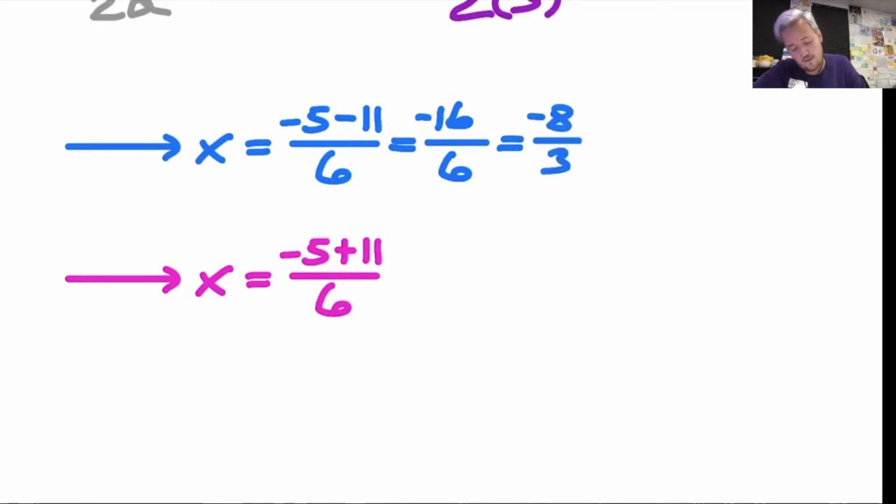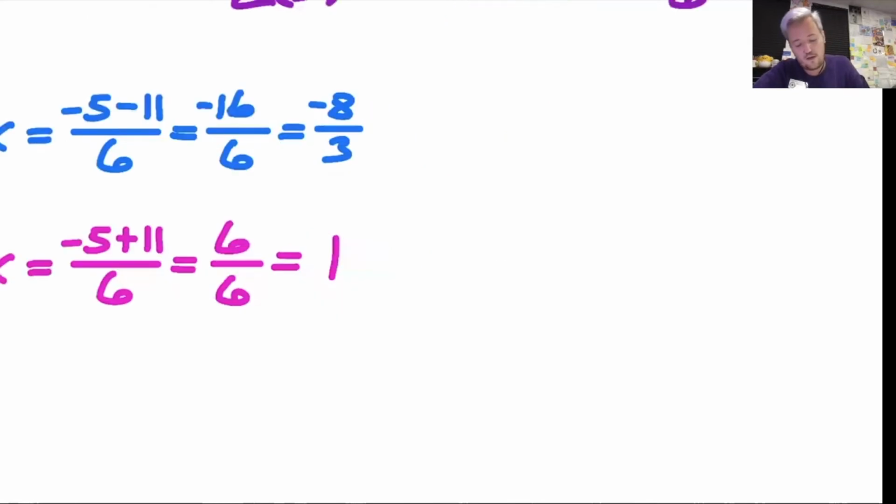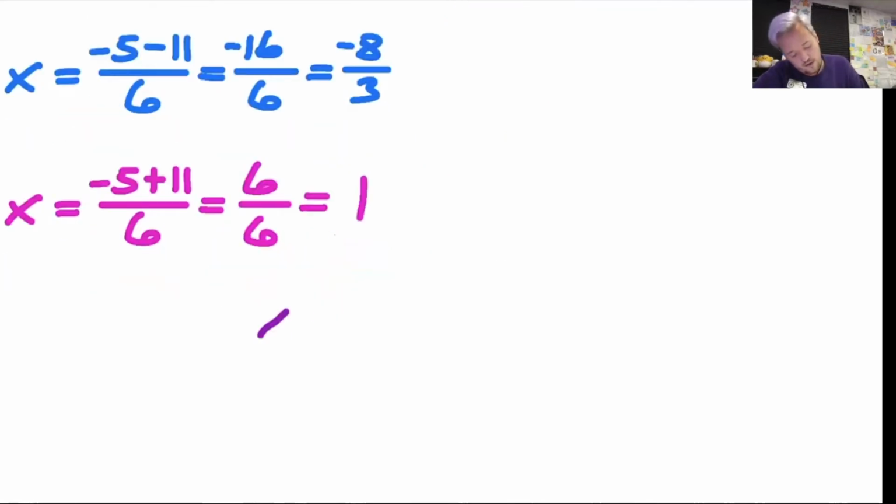And then in the denominator, -5 plus 11 is going to give you 6 over 6, which is going to simplify to 1. All right, so we have our solutions, which are x equals -8/3, comma 1.